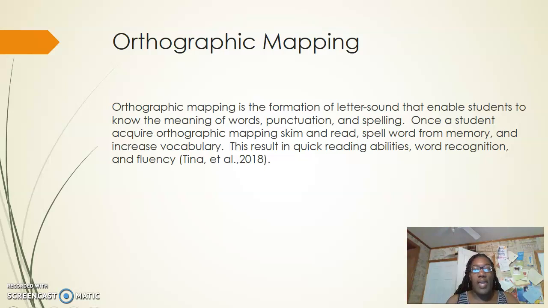So if we have the word cat and the rhyming word is hat or mat, if they know the letters and the letter sounds, they will be able to recognize the beginning, and they will also be able to recognize the ending as well, because they can see the ending of the word is at, but in order to manipulate and change it, you will have to change the first sound, which is cat, and hat is an H.